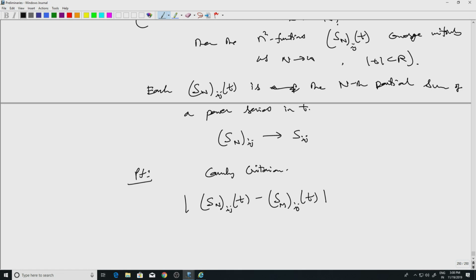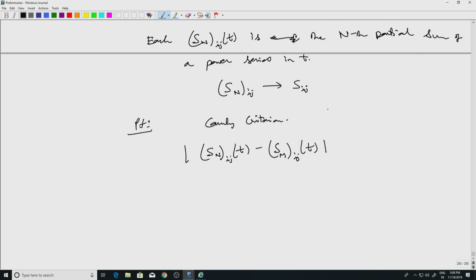We want to say that when capital N and capital M are very large, this can be made small, and that very large should not depend on T. It can depend on this R, but not the specific value of T. Now, on M n by R matrices, we use the operator norm.